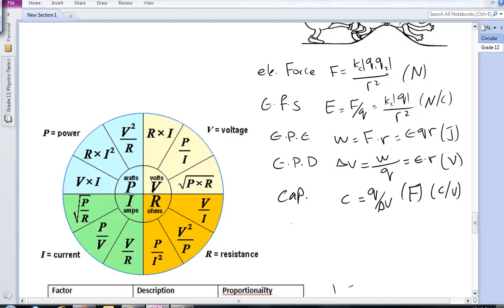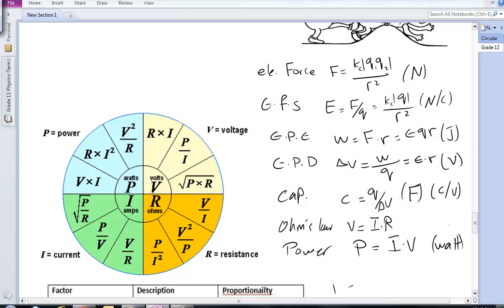And you have Ohm's law, which is V is equal to I times R, and finally the power, which is P is equal to I times V, measured in watt.